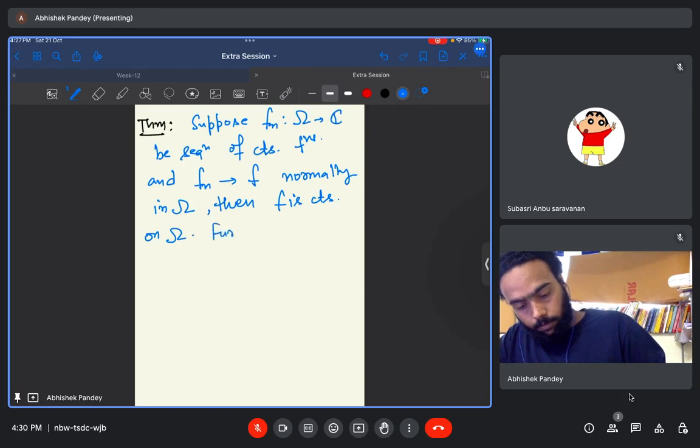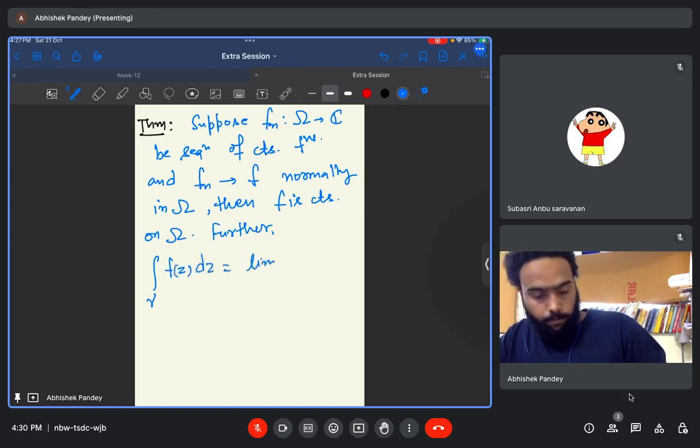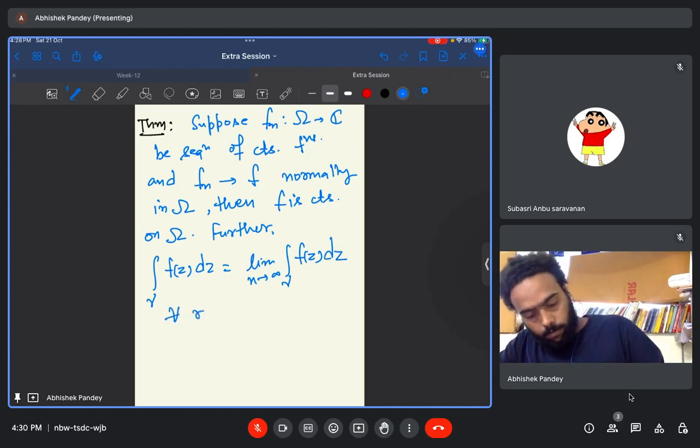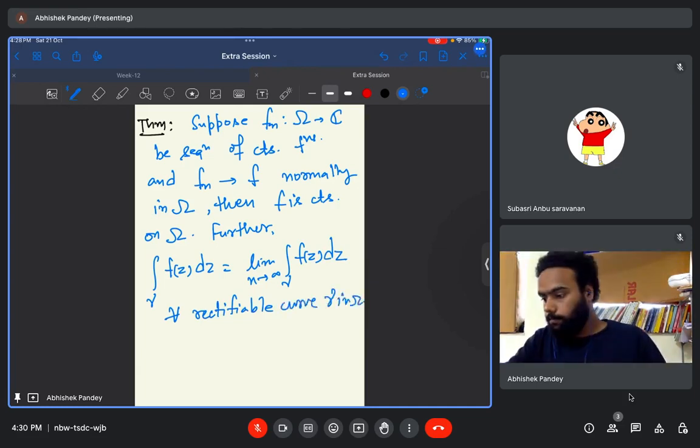Further, the integral over gamma of f(z) dz is basically the limit as n tends to infinity of the integral of fn(z) dz, for every rectifiable curve gamma in omega. Okay.